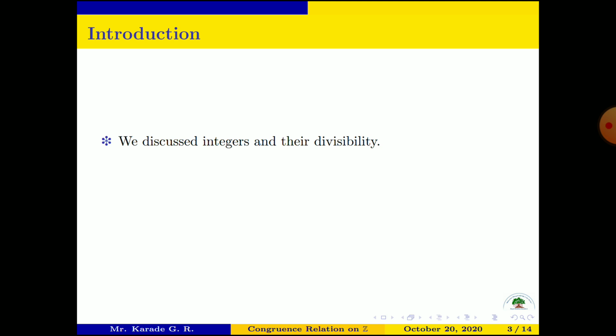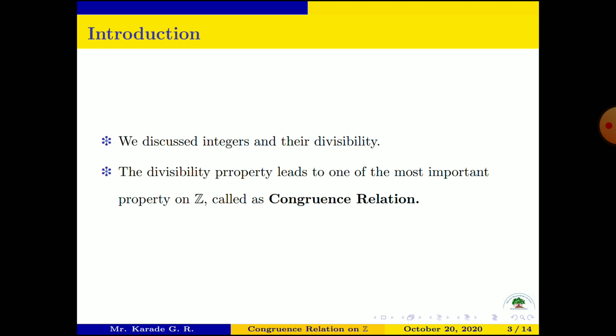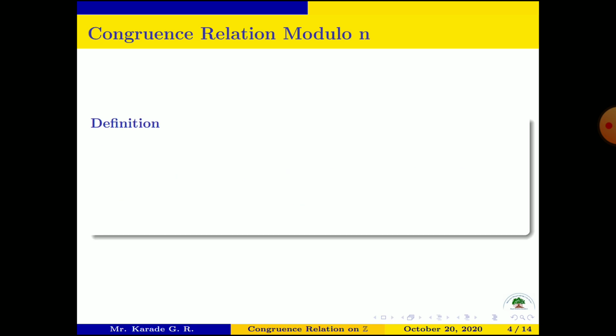So we know what the integers are and what is a divisibility in Z. The divisibility property leads to one of the most important properties on Z, and that property is known as congruence relation on Z. So we define what is meant by the congruence relation modulo n, or what the congruence relation on Z is.